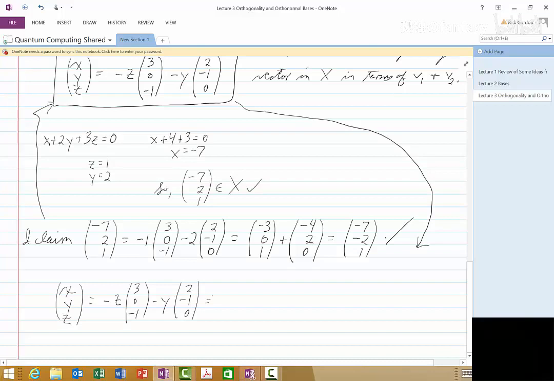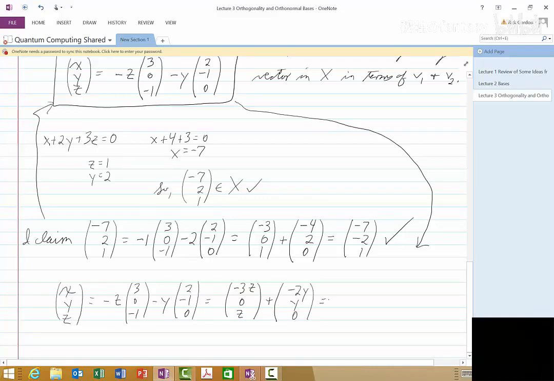Now, why is it that this formula works? Well, let's investigate. The first vector is the same as minus 3z, 0, z. And the second vector is the same as minus 2y, y, 0.